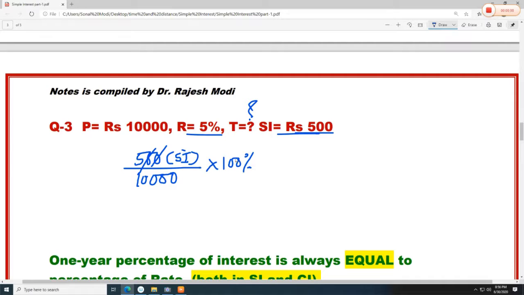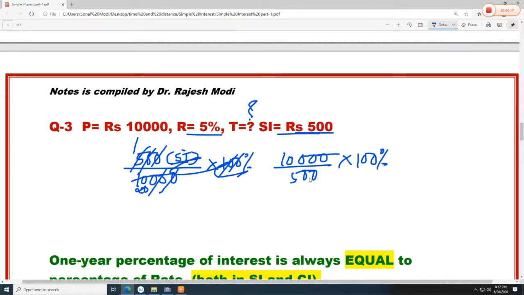10,000 is the investment, and your simple interest is 500.